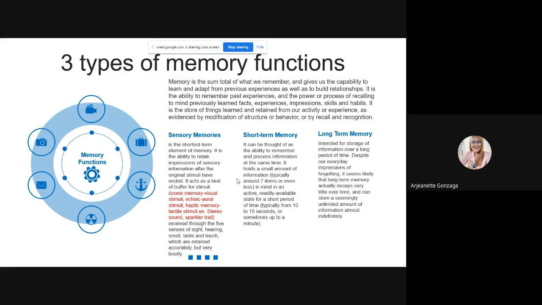So despite our everyday impressions of forgetting, it seems likely that long-term memory actually decays very little over time and can store a seemingly unlimited amount of information almost indefinitely. So long-term memory is intended for storage of information over a long period of time.